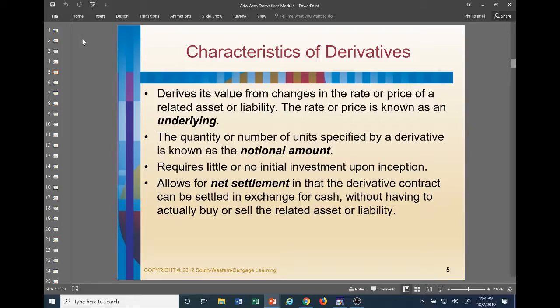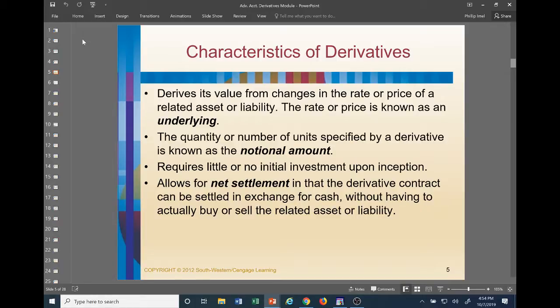The underlying may take a variety of forms, including a commodity price, stock price, foreign currency exchange rate, or interest rate. It's very important to note that the underlying is not the asset or liability itself, but rather its price or rate. So remember, the underlying is not the asset or liability itself, but rather its price or rate.